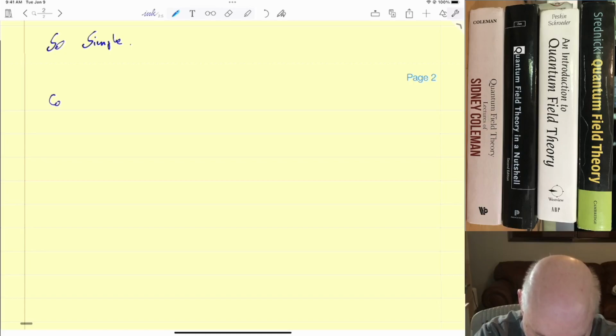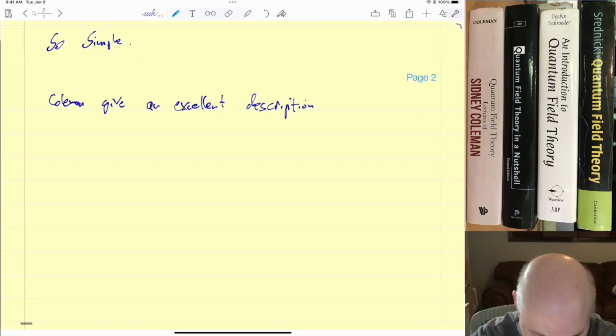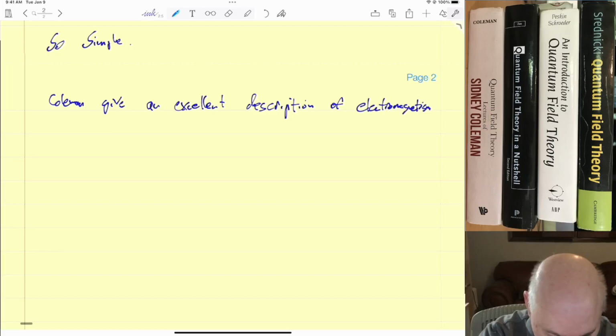So Coleman, in these chapters, gives an excellent description of electromagnetism using vector fields. And he does massive electromagnetism with the Proca equation.